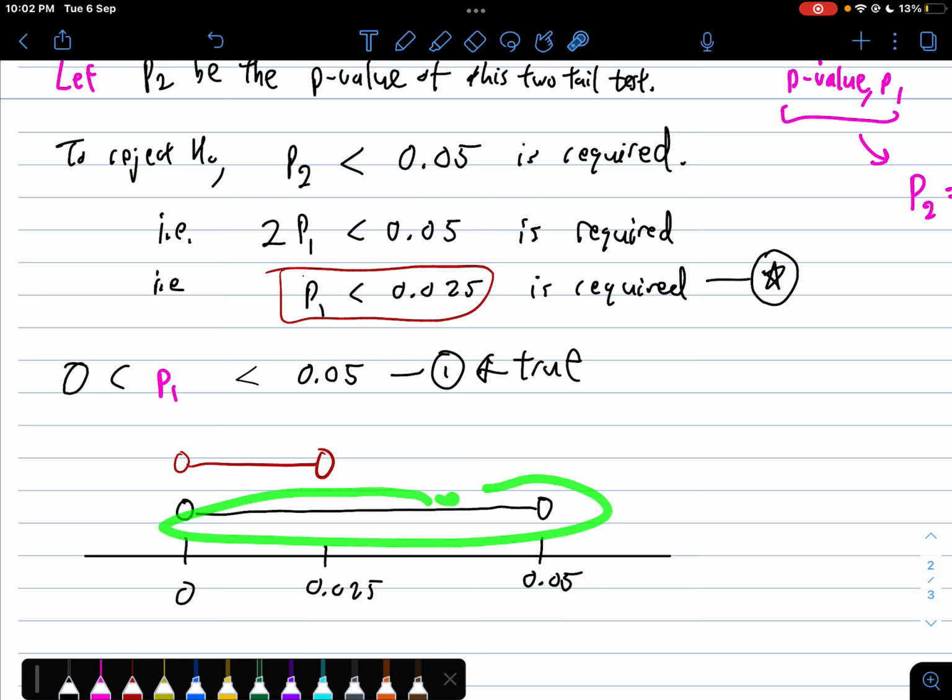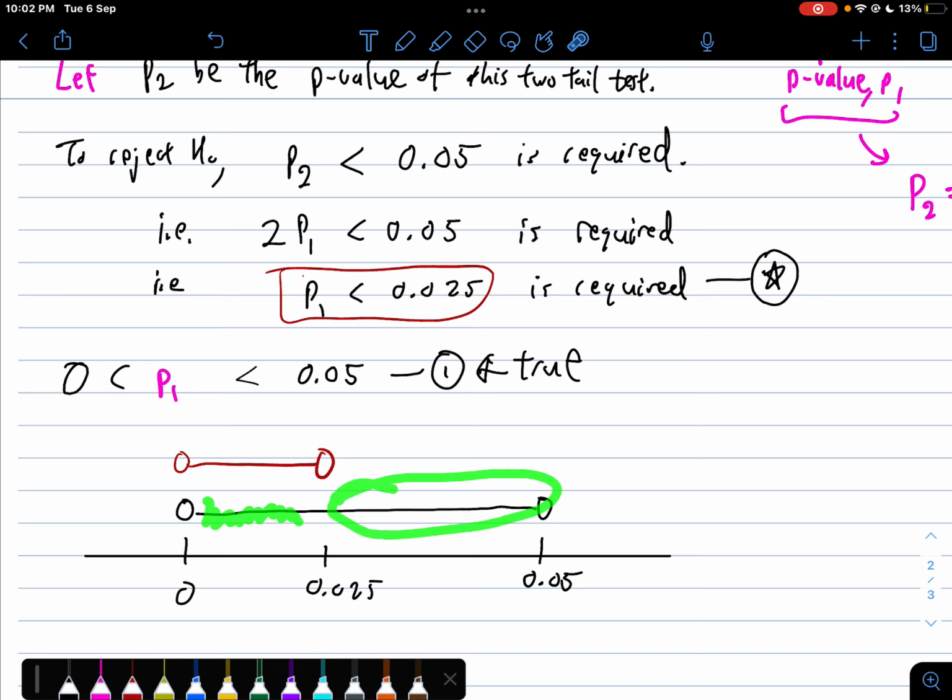Does the black imply the red? We have to go in this direction, from the black imply the red. The answer is no. Sometimes true, but other times not.